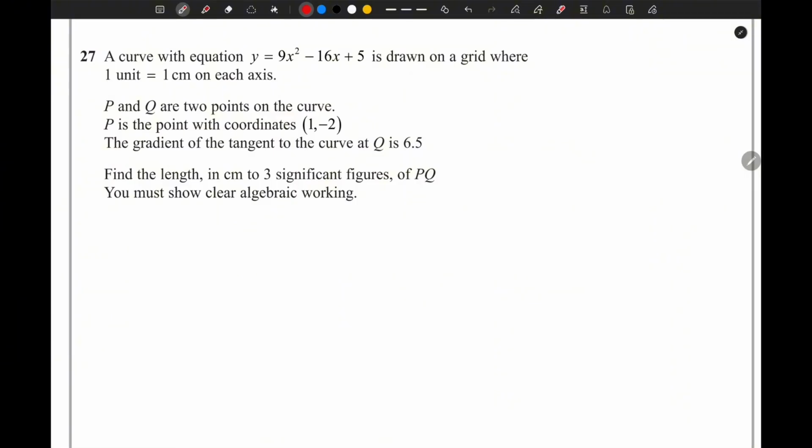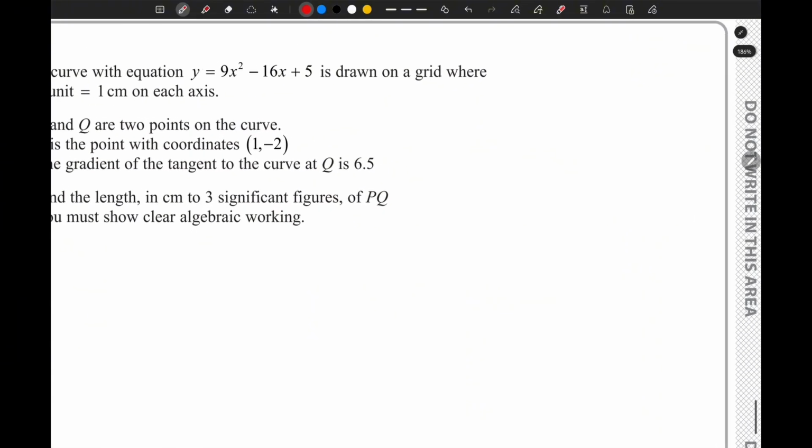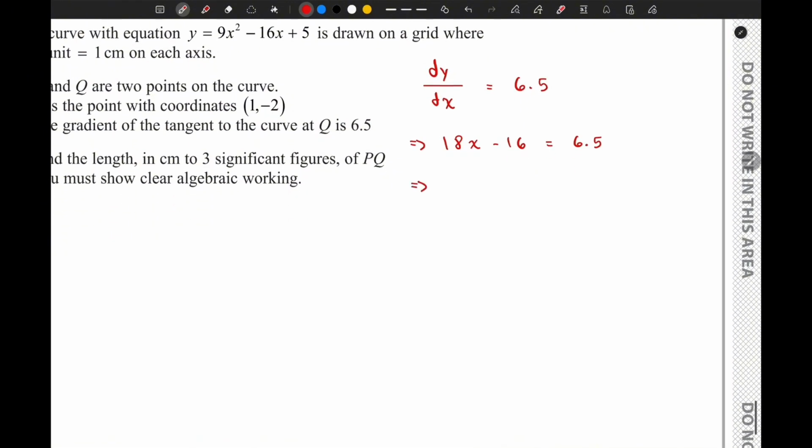Let's first find the coordinates of point Q. We know that at point Q, the value of dy over dx is equal to 6.5. And we know that dy over dx is 18x minus 16. So from this, I can easily find the x coordinate of point Q. That's 16 plus 6.5 divided by 18, which is 1.25.